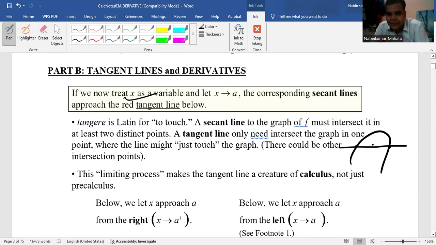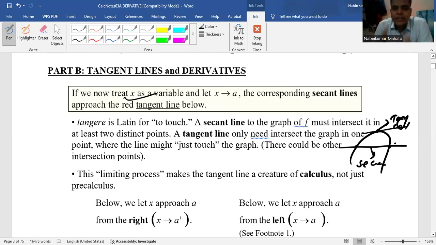Distinct means different points. A tangent line only needs to intersect the graph at one point. And this one point only touches, so we call that the tangent line. Okay, I hope that is clear.